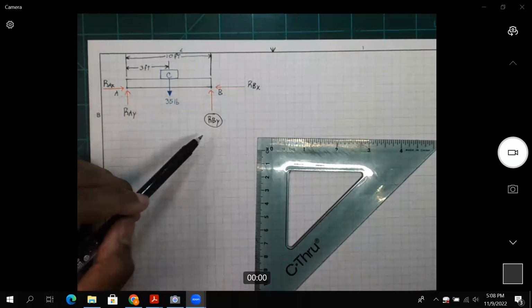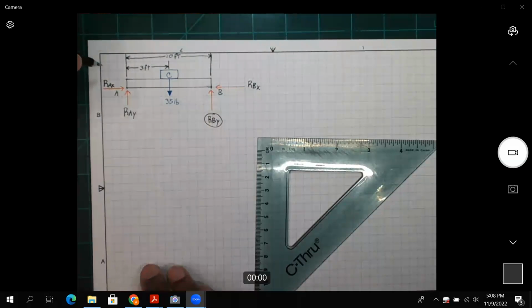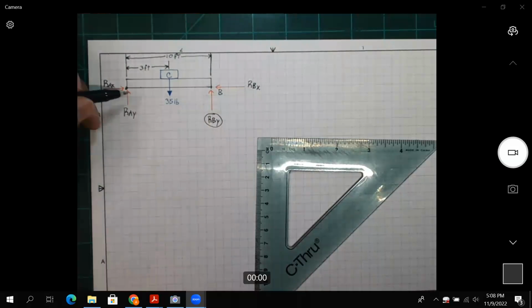So if we're going to solve for R_BY, we need a pivot, and our pivot is going to be at joint A. I'm just going to put a larger dot right here.